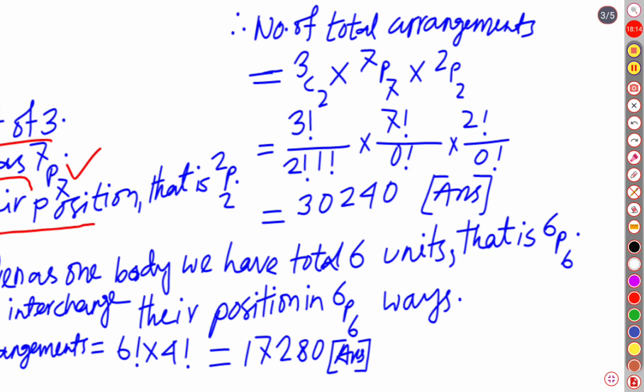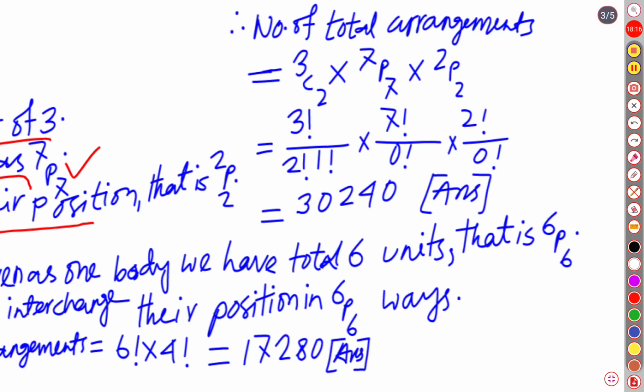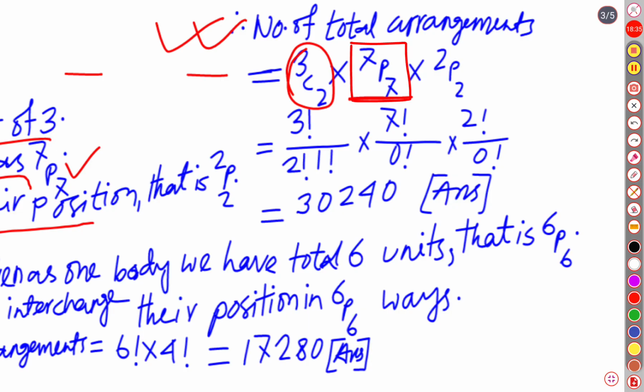First of all, here I have written the number of total arrangements. First, what did we do? First 2 men and last 2 men. Out of 3, we have chosen 2, so we have written that combination, 3C2. After that, for the remaining 7 places, there are 7 people and all of them will be rearranged, so we have written 7P7.